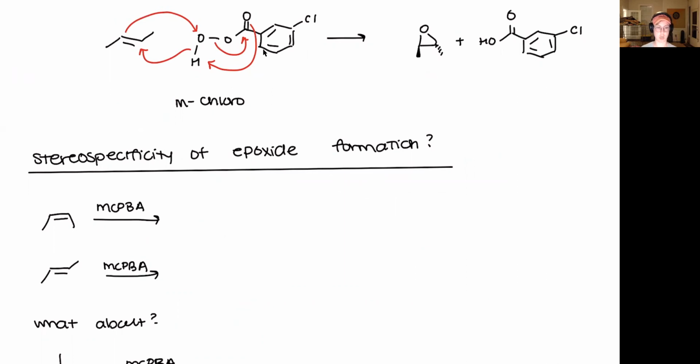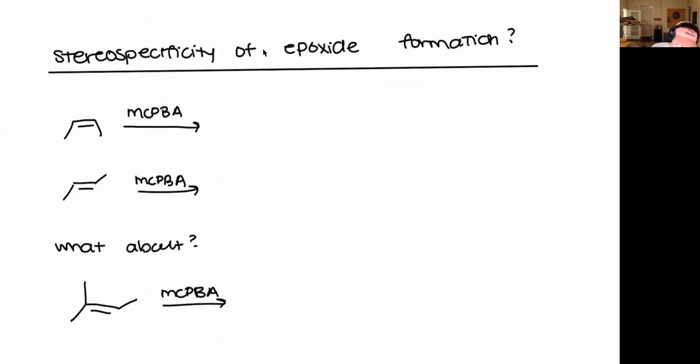It does change the products based on the stereochemistry of the reactants. In this case, we have this Z alkene. And when we react it with MCPBA, these two groups are syn, and so when we form that epoxide, they will stay on the same side.